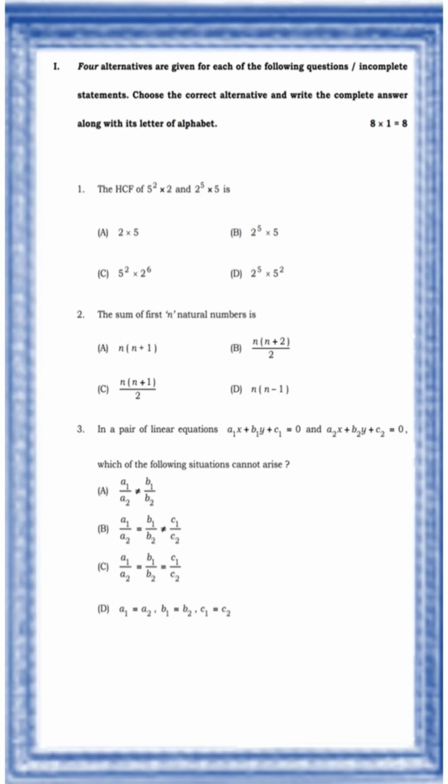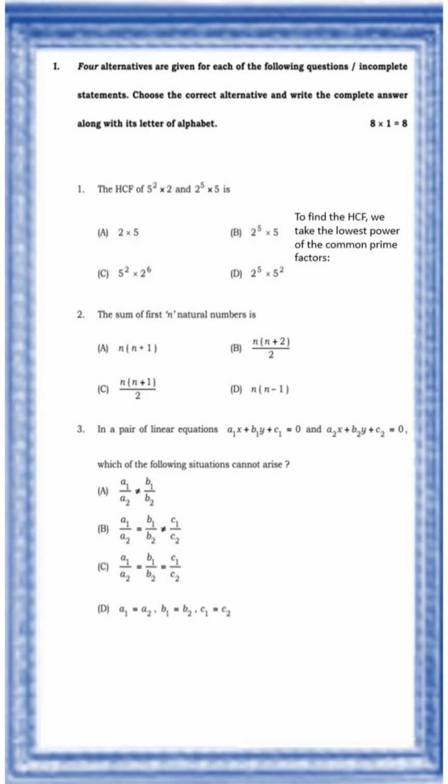The first one is: HCF of 5 to the power of 2 into 2 and 2 to the power of 5 into 5 is. 4 options have been given. Now, to find HCF, we take the lowest power of the common prime factors. Here prime factors are given.